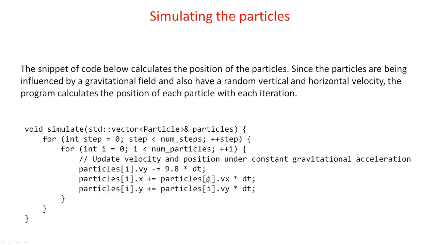Then, using these values of velocity, we can calculate the position of the particle using the formula particles[i].x += vx times dt. Particles[i] is the array that we are referencing for the particles.